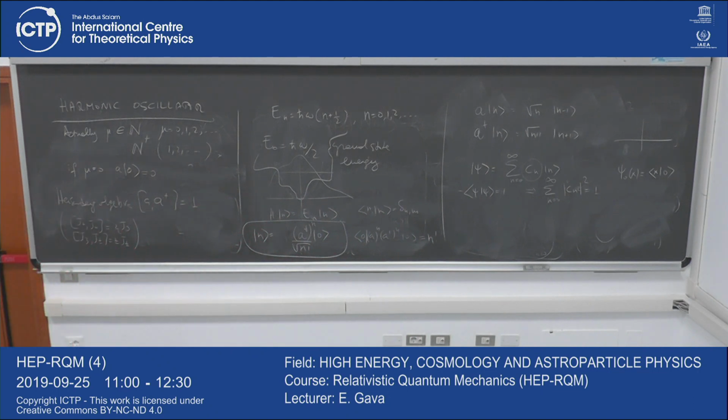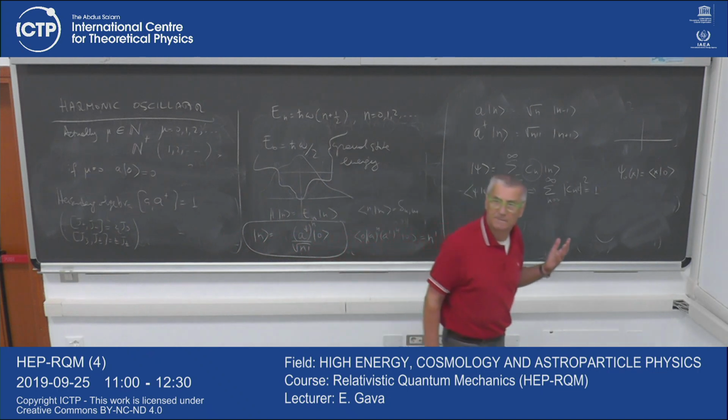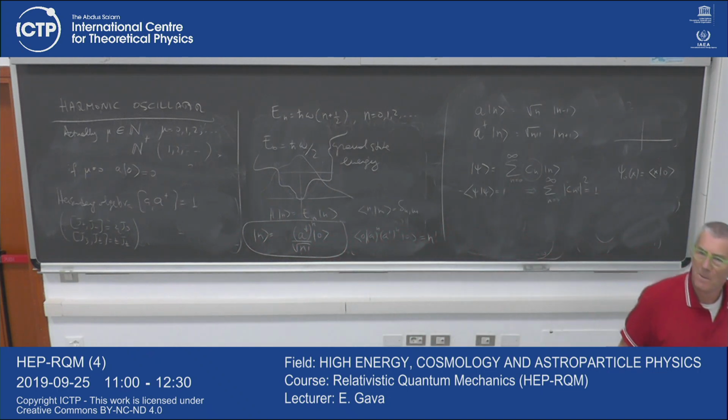It's a Gaussian, as you know. And how do you get it? From the differential Schrodinger equation, for the harmonic oscillator, solving the equation.